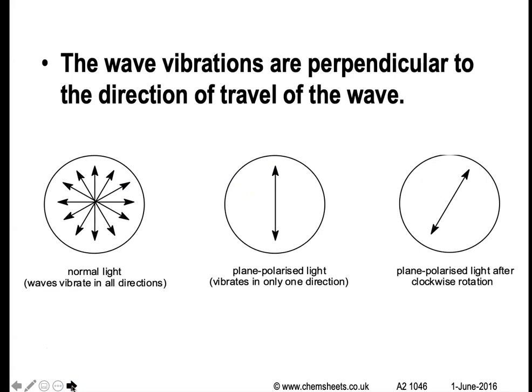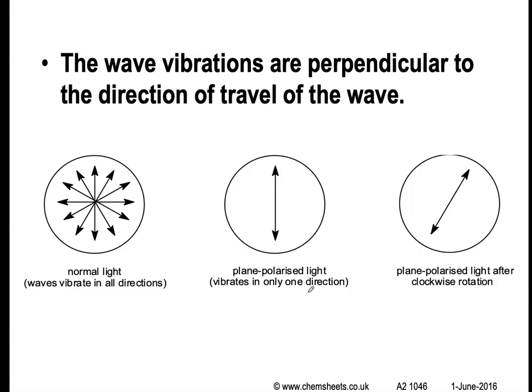Right, normal light waves vibrate in all directions, as you can see. Plane polarized light is like the lens we have in our sunglasses. All it does is light rotates in one direction. I normally say all light rays coming from the sun are just collected into one plane, and they're just vibrating in one direction, up and down, or left and right, rather than hitting you from all directions.